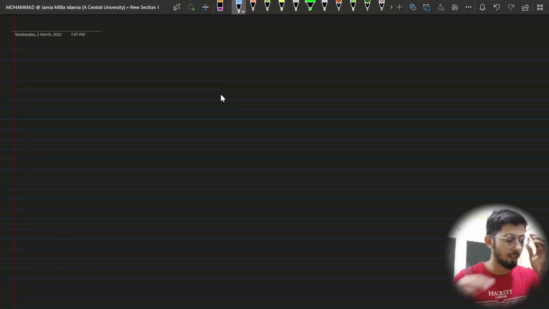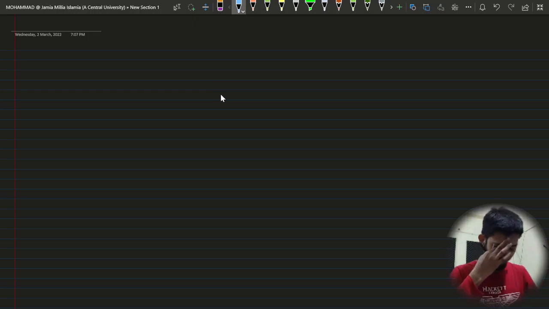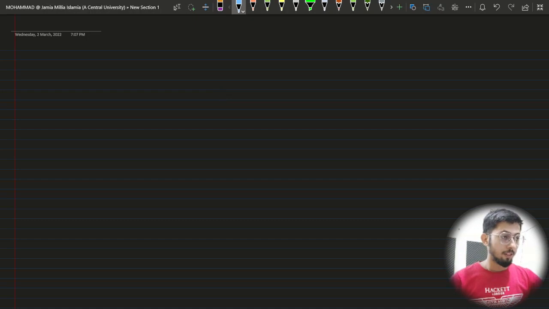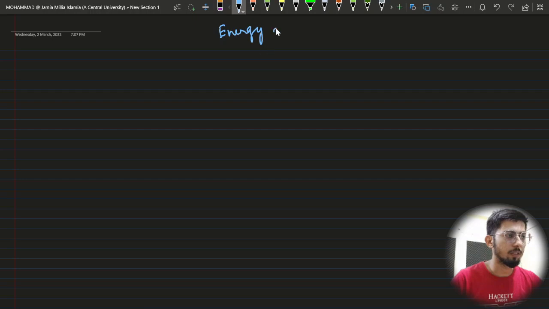Now today we'll see what is the energy stored in a capacitor. So let us start. Energy stored in a capacitor.